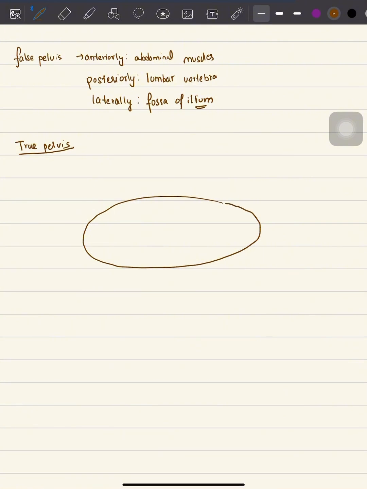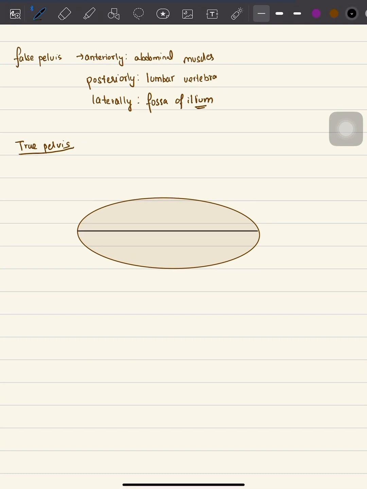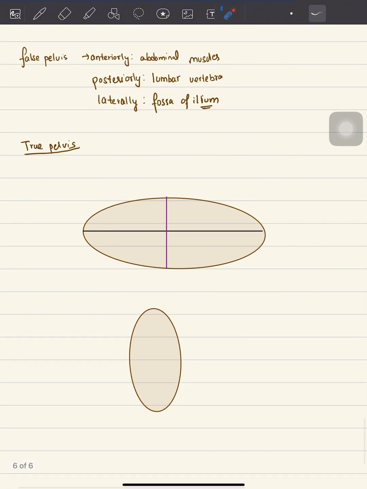One of them is like this, in which the transverse diameter is longer than the AP diameter, and exactly below it we are going to make another oval, which would have a long antero-posterior diameter.